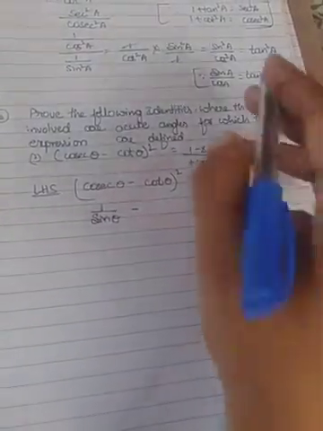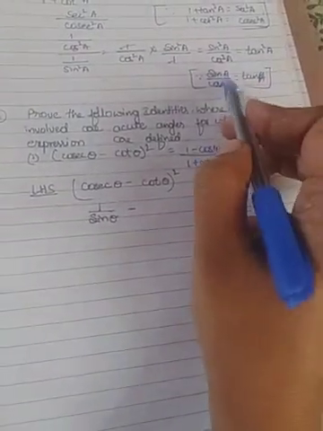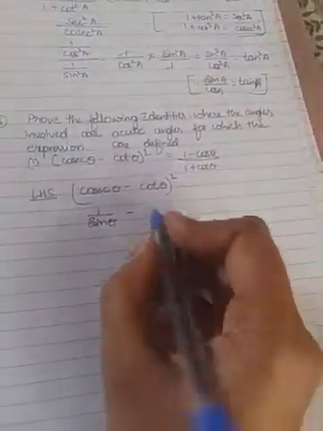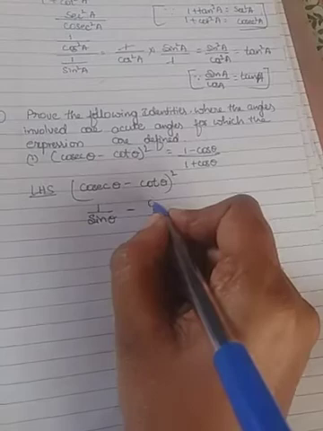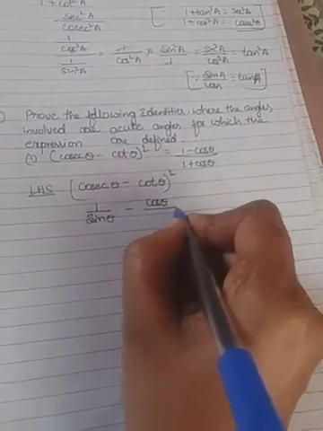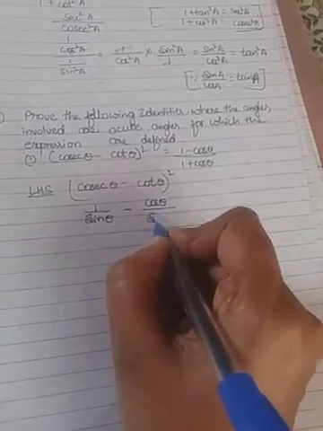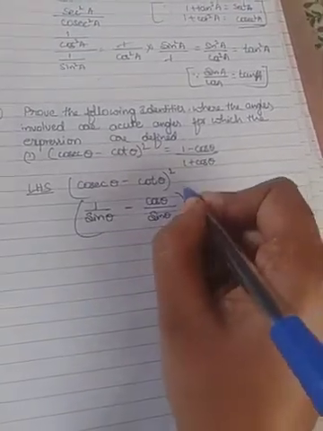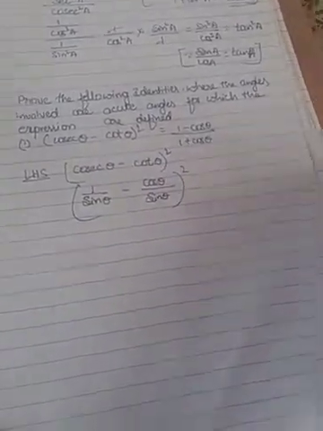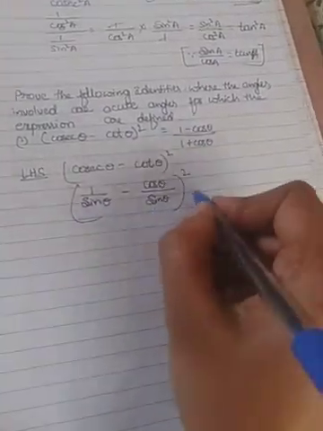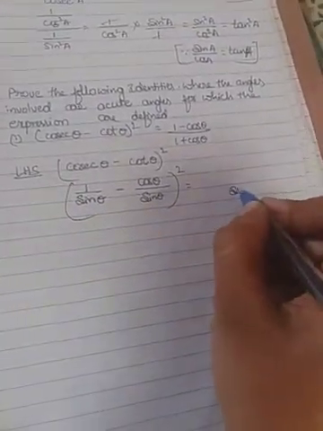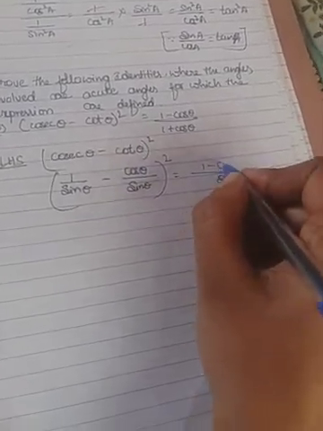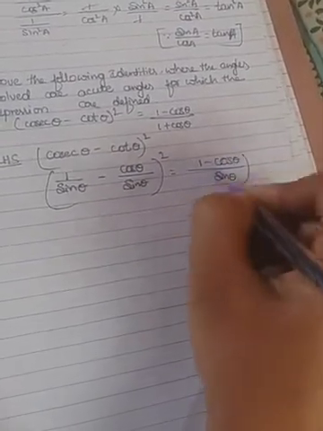As I told you, tan theta is sin by cos, and cot is the reciprocal, cos theta divided by sin theta, whole square. Here we can take the LCM, that is sin theta, so it will become (1 minus cos theta) whole square.